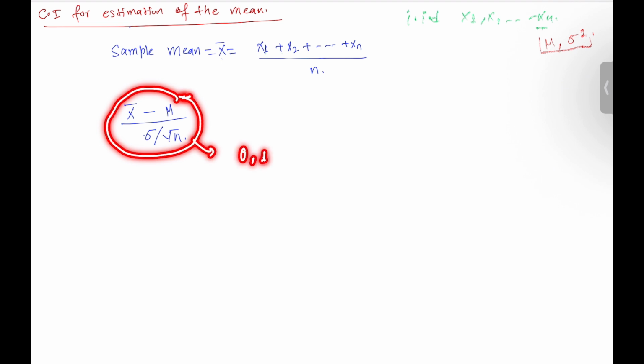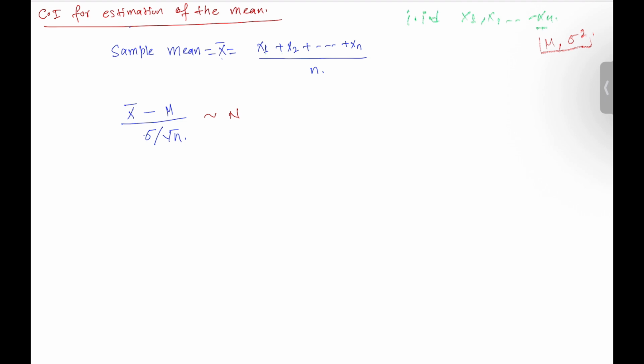It will have the mean 0 and the standard deviation will be 1, right? Now since we are approximating this random variable as a standard normal random variable with the mean 0 and the variance 1, using the CLT, central limit theorem, we have this approximation, right?